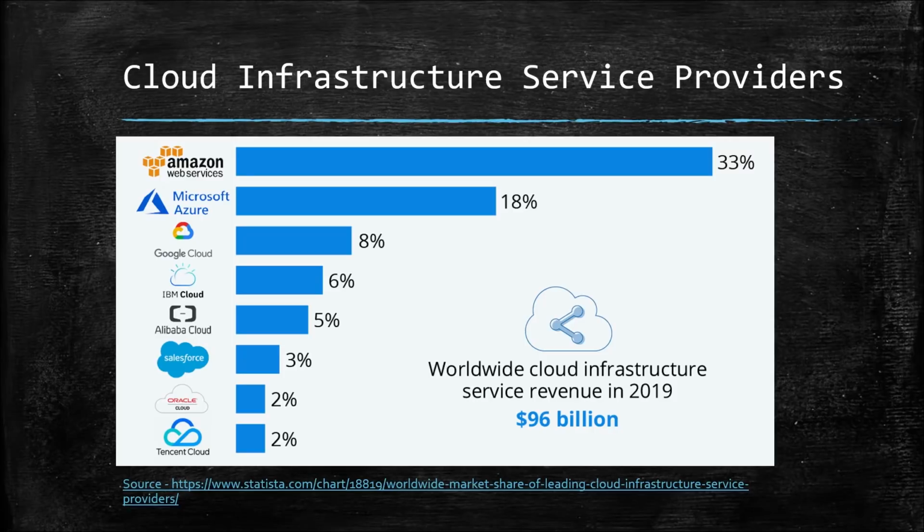We have Google Cloud, we have IBM, we have Alibaba, we have Oracle, Salesforce, and all that. Amazon seems to be the best now because they have the highest market share. But in technology, when you sleep and you wake up the next morning, a lot of things have changed.